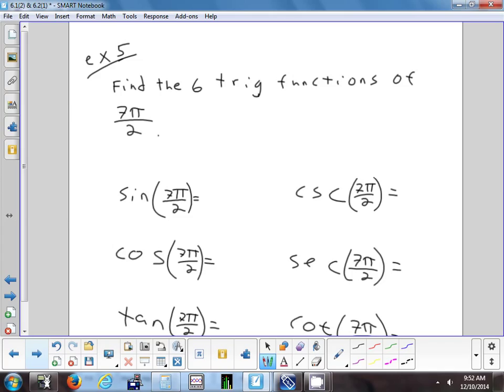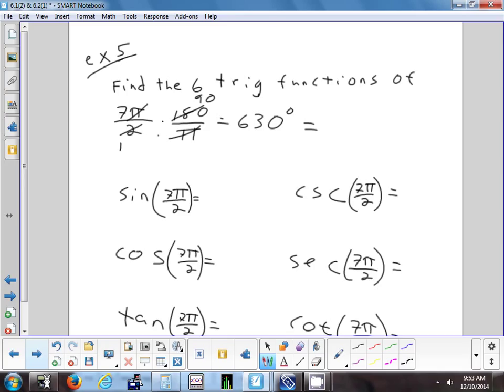Okay, this one, if you're not sure how to do it, you don't like the radians, get rid of them. Actually, let's reduce that. 7 times 90 is 630. Now that's an angle bigger than 1 revolution. What can we do to make that angle smaller?